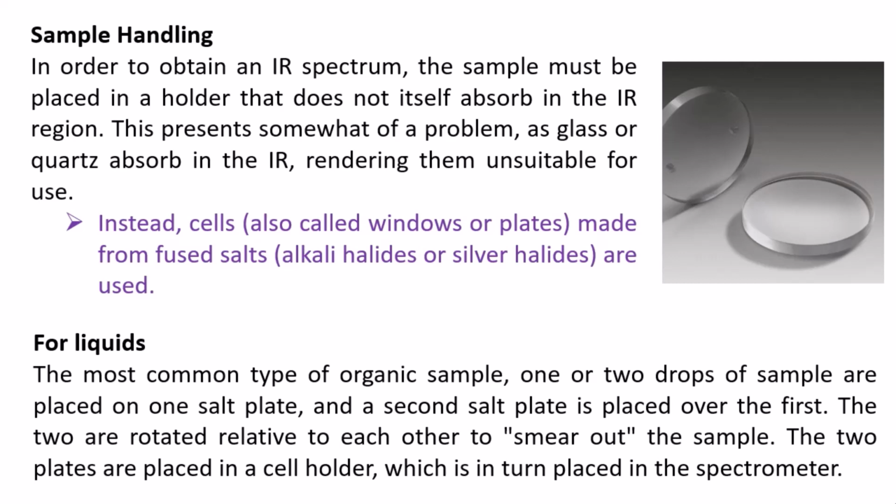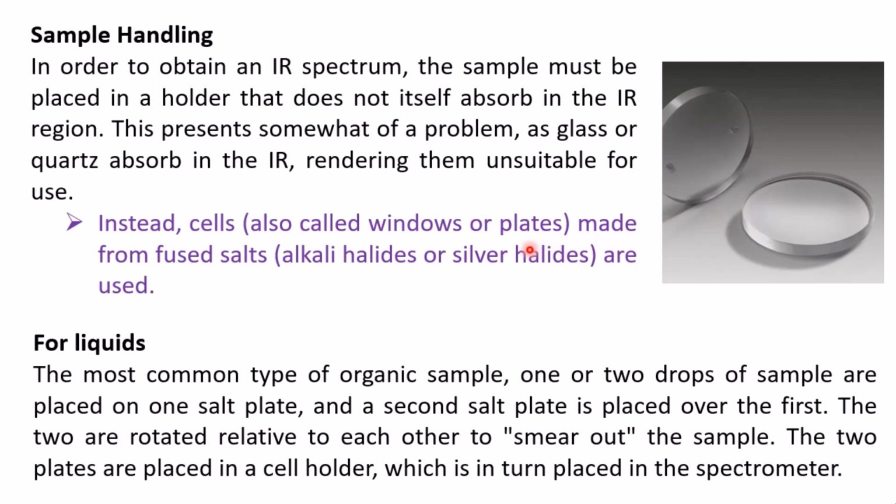Now, I think I've already mentioned in the previous slide that the equipment we add our sample to, this glass rod, mostly has to be made of a kind of material which does not absorb in the IR region. Right?